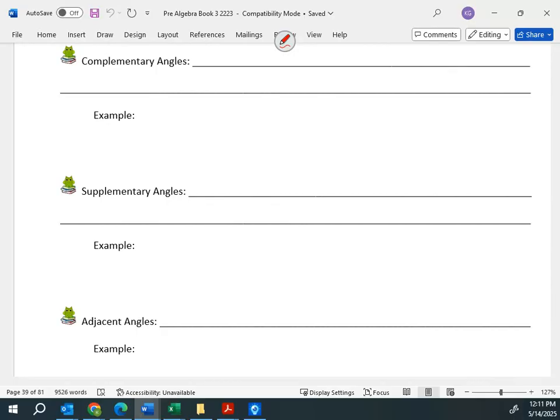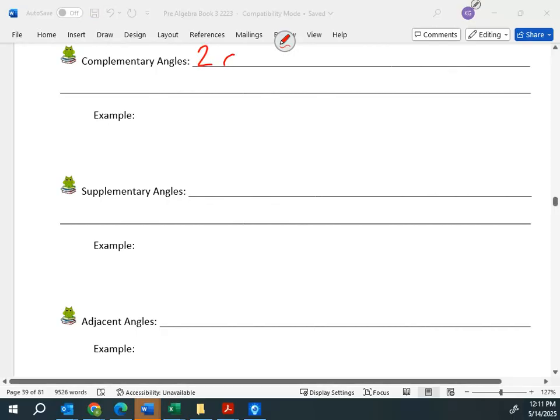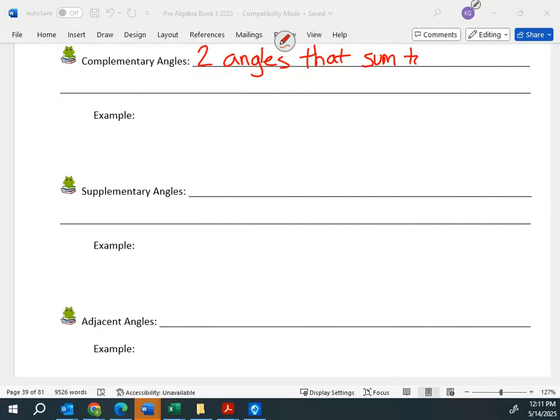Anybody remember what complementary angles are? Two angles that sum to be, any guesses? 90 degrees. So if it's complementary, you add the two angles together to be 90 degrees.